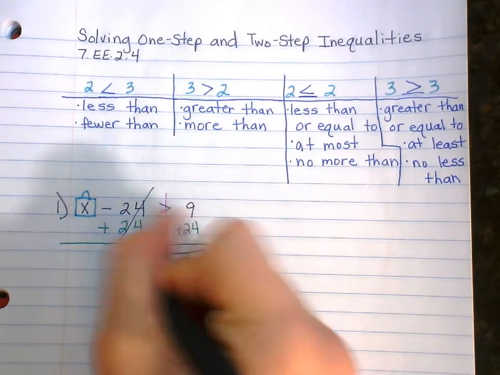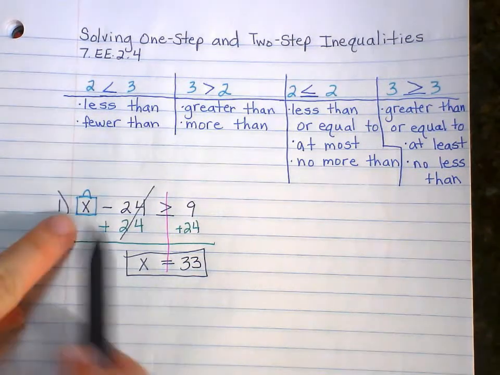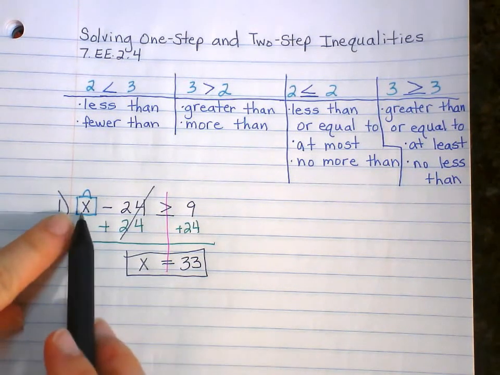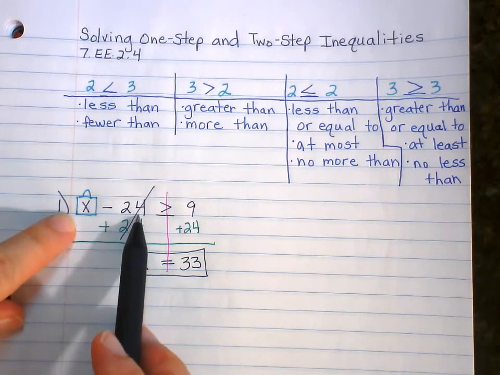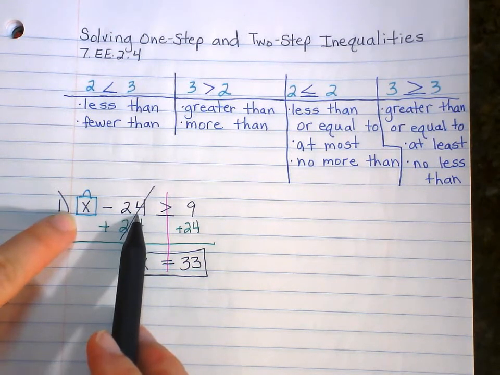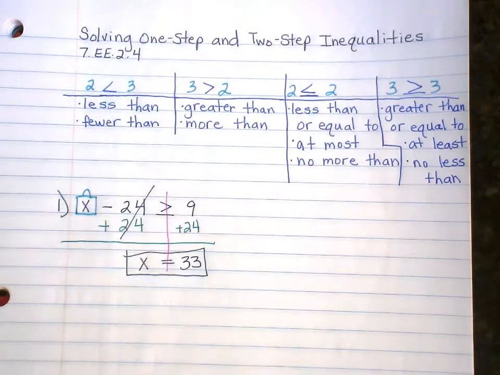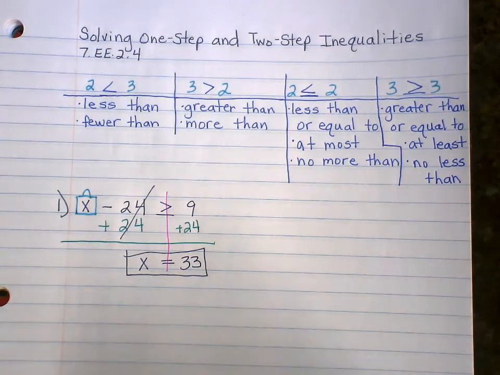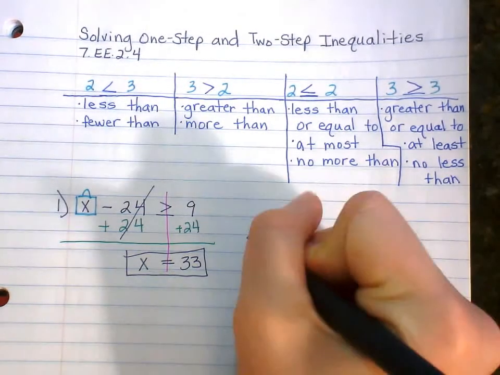And just like equations, you can check it. Plug it back in. x is 33. 33 minus 24 is 9. Is 9 greater than or equal to 9? Yes. Okay, so then you graph it on a number line.